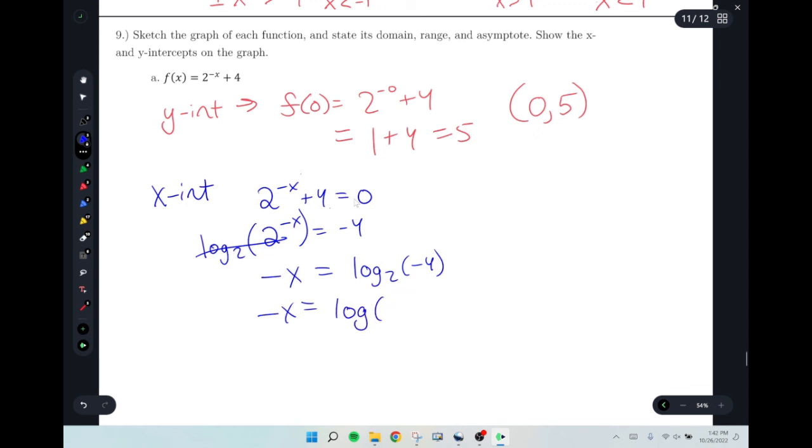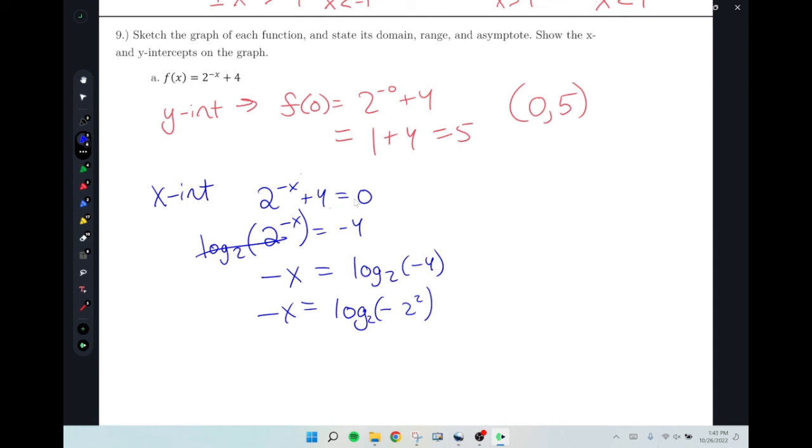It's like log 2 of negative 2 to the 2? That's true, you just don't put parentheses. So I can move that 2 to the front, right?